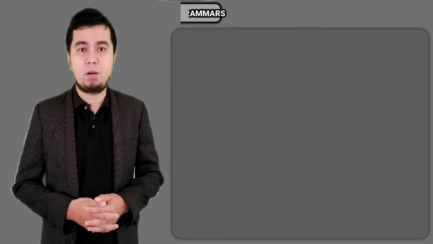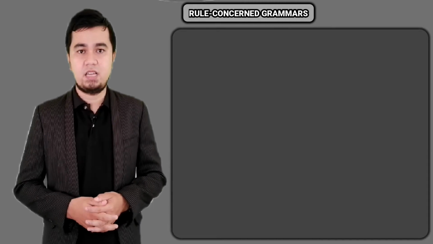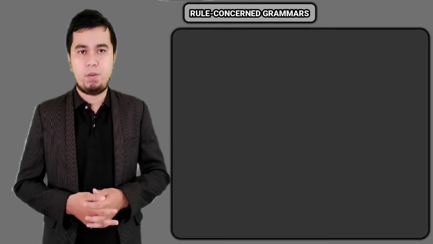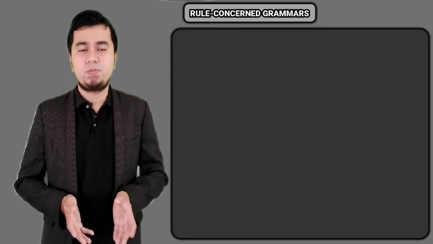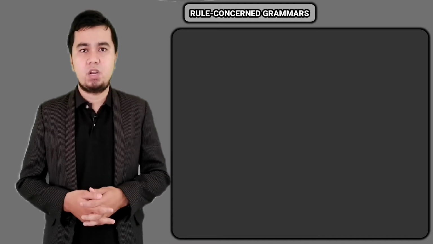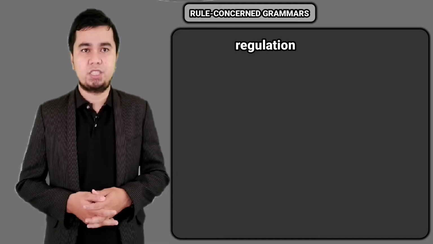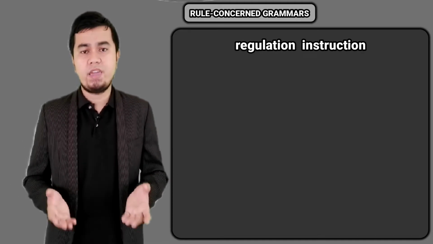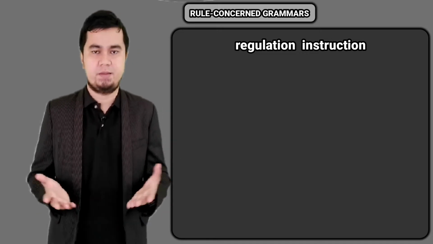Now, there are different grammars in English. First, we have the rule-concerned grammars, and this is composed of two parts. In language, a rule is a regulation or instruction that describes the way things are or should be.